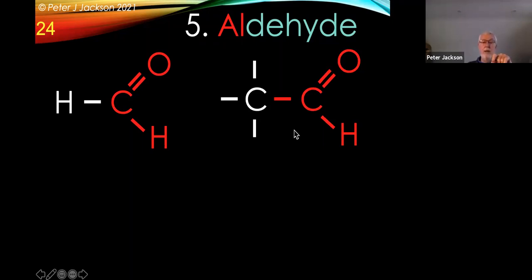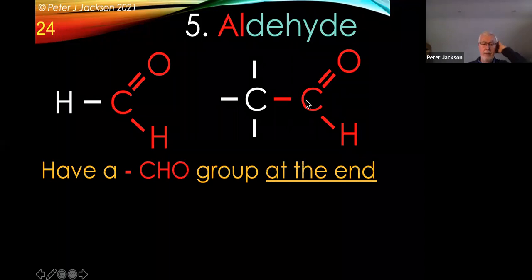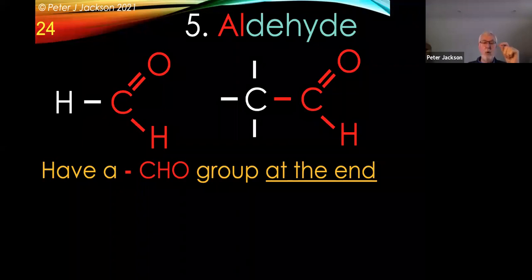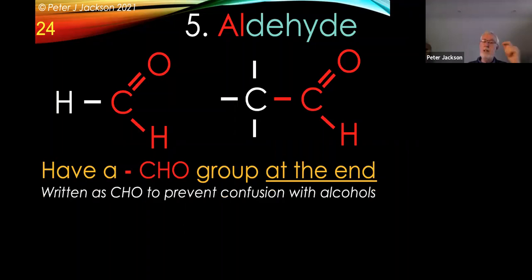This one ends in CHO, so it's an aldehyde, and it's got 2 carbons, so it's ethanal. Right? So they have a CHO group at the end. Any formula written which has a CHO group at the end is an aldehyde. It's written as CHO to prevent possible confusion with alcohols.